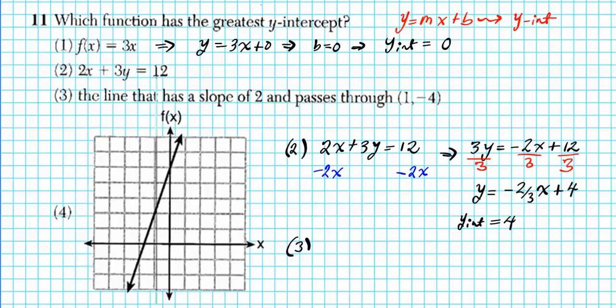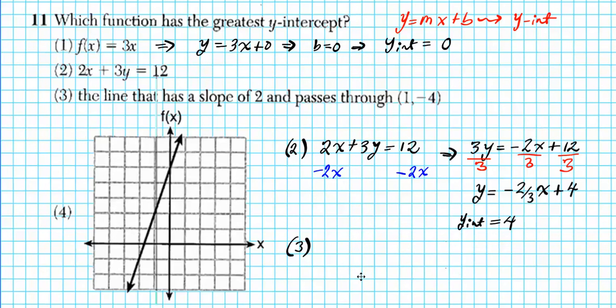For option 3, we have a slope and a point. So the formula that we're going to be using is y minus y1 equals m times x minus x1. Well, actually, we're looking for the y-intercept. Let's try something different. We could use this formula, but to go quicker, we can just find out what b is.